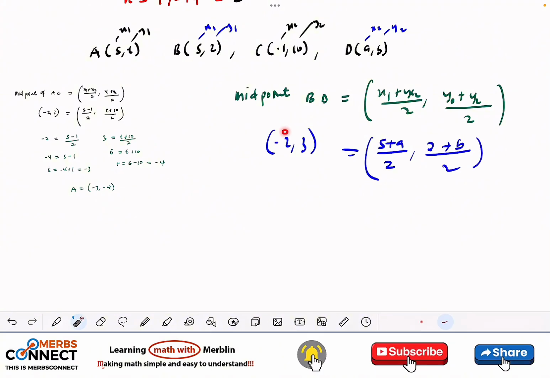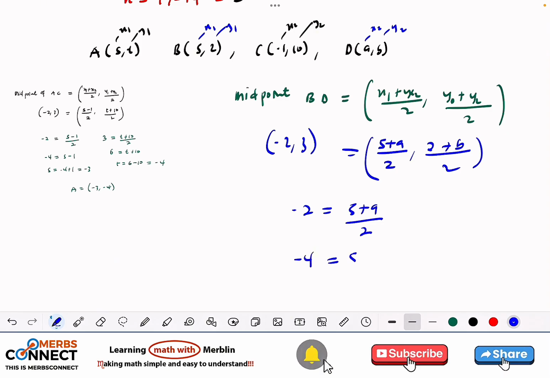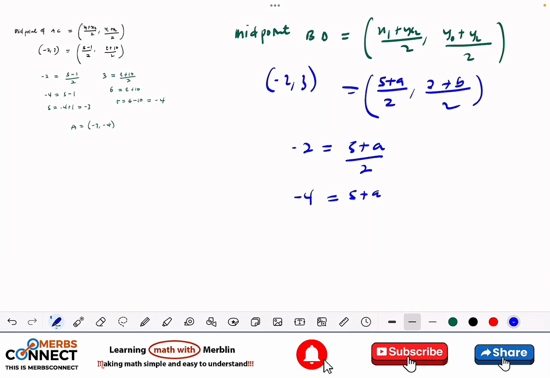Same idea, this coordinate is the same as this, and this is also the same as that. So minus 2 is equal to 5 plus a divided by 2, minus 4 is equal to 5 plus a. So a should be equal to minus 4 minus 5, and this is minus 9.